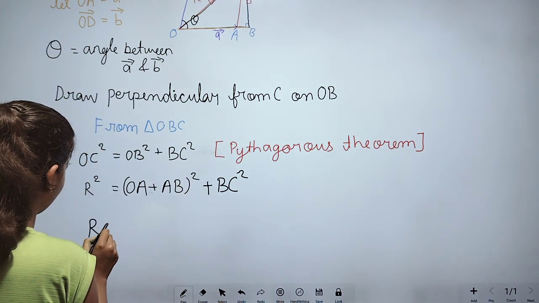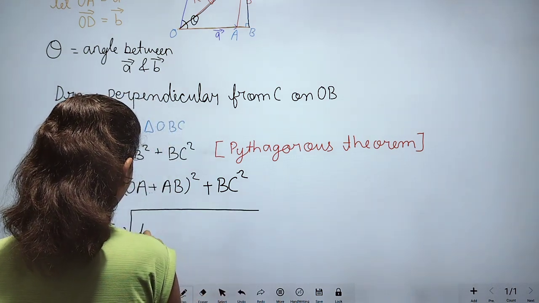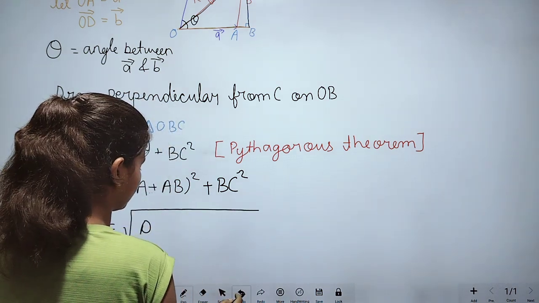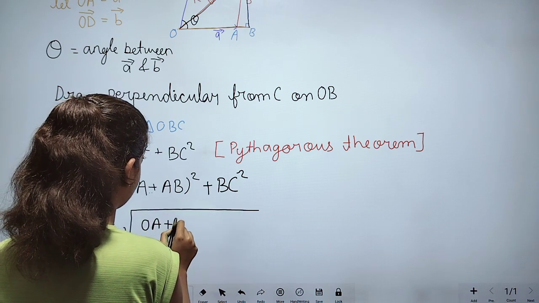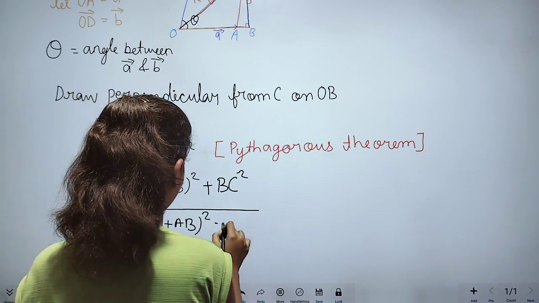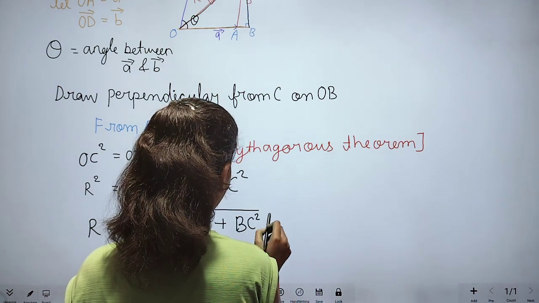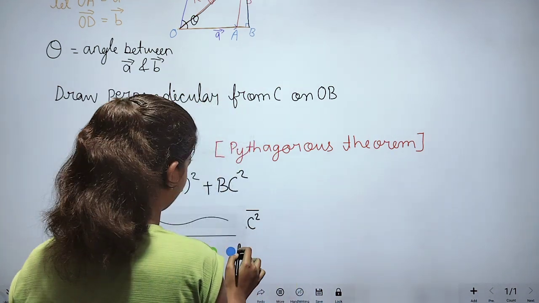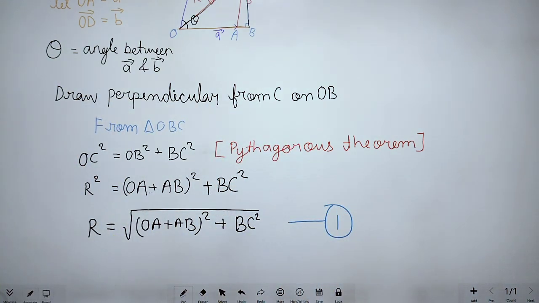Now R is equal to root under (OA plus AB) square plus BC square. This is our first equation.